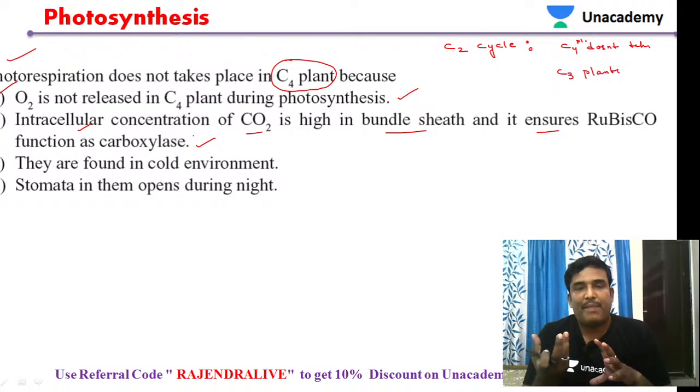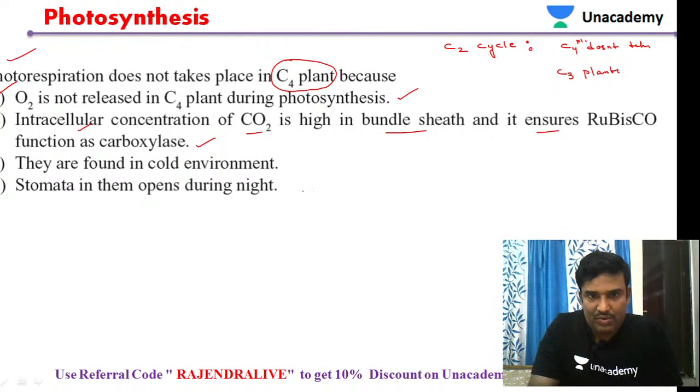In C4 plants the C3 cycle also takes place, in the chloroplast of bundle sheath cells. So this is a right statement, but we cannot conclude that photorespiration does not take place in C4 plants because of this. Let us get back to statement A after completing C and D.